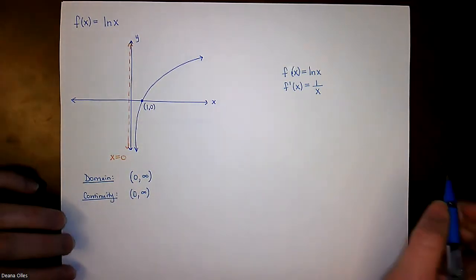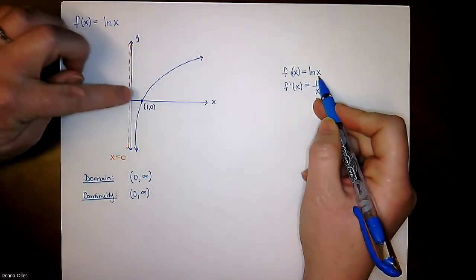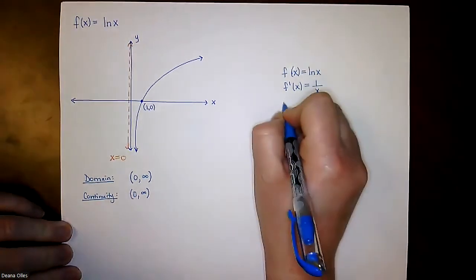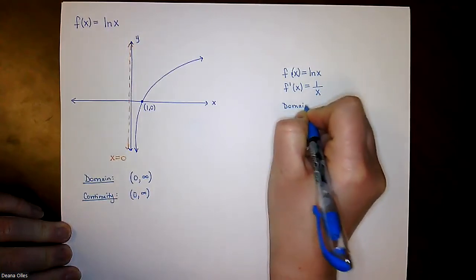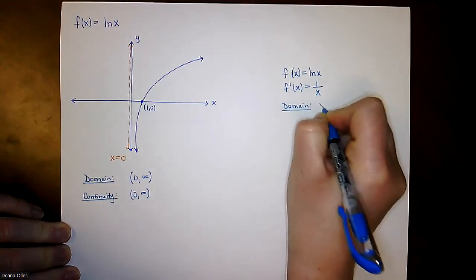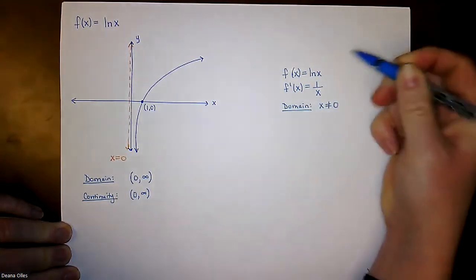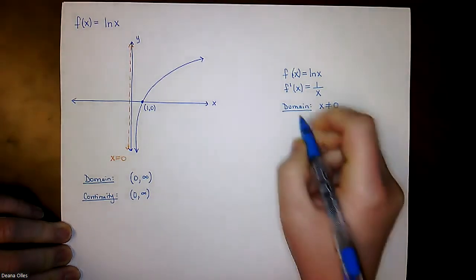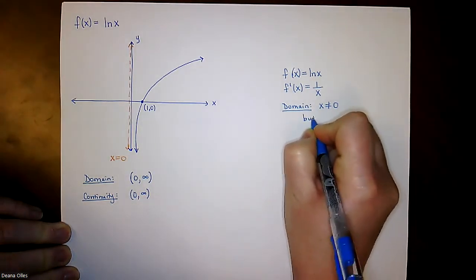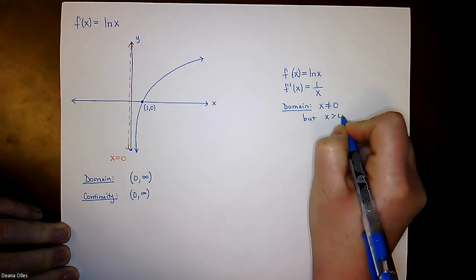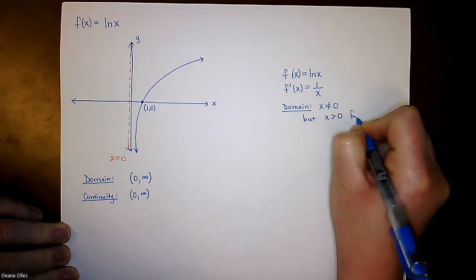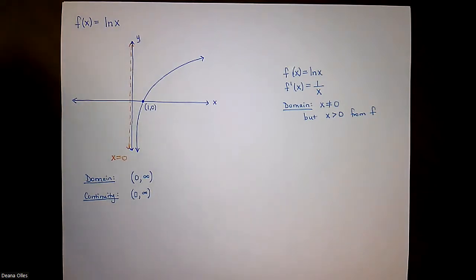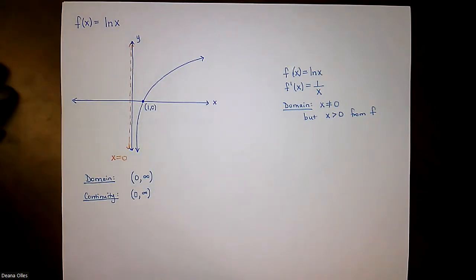So we know that x is still going to be strictly positive, and the only thing that comes about here is that x cannot be 0, because that's 1/0, which is undefined. But x was always strictly positive from the original function. We can't all of a sudden bring in negative numbers. It's not going to work.